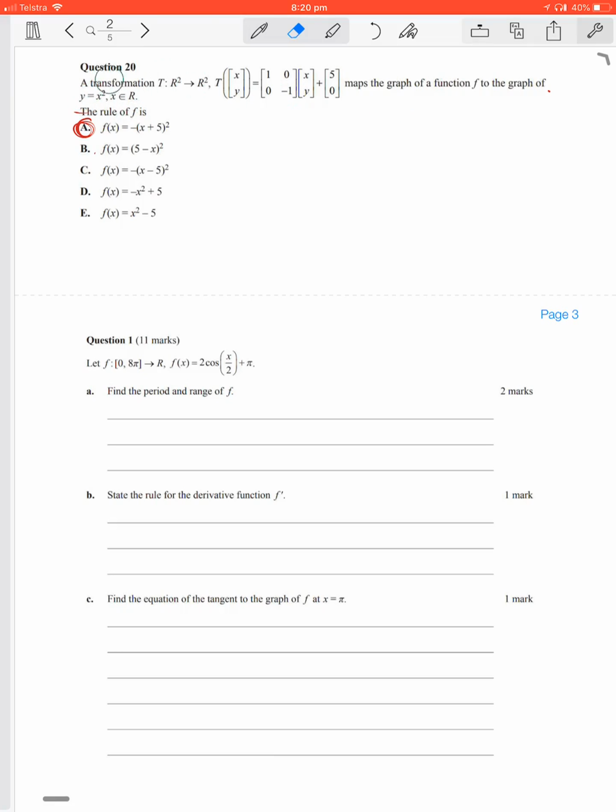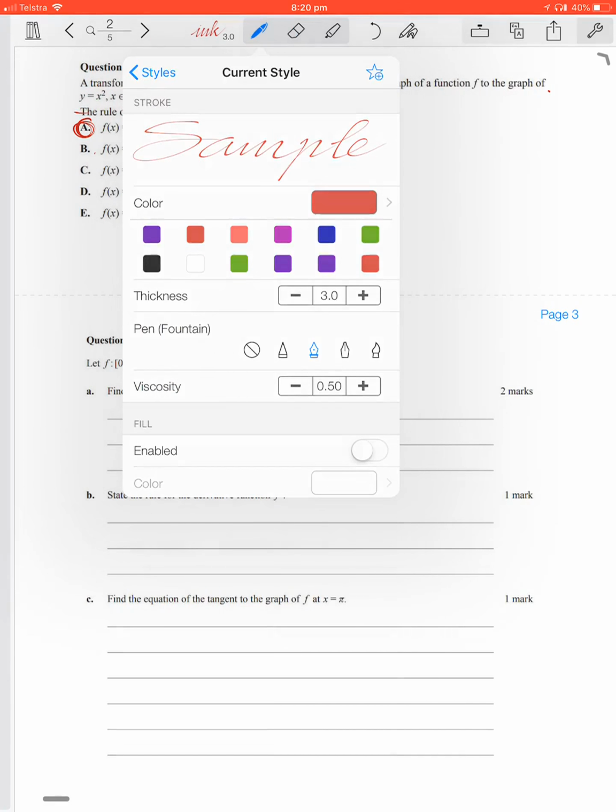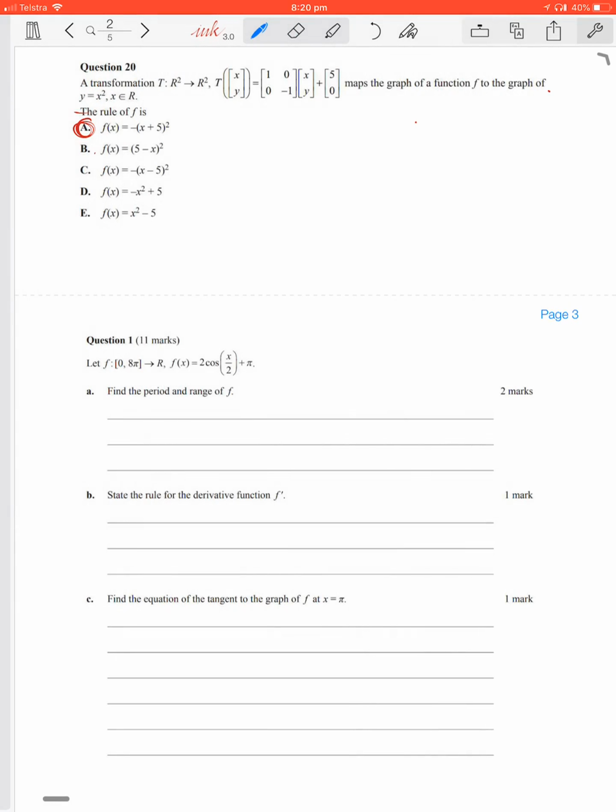Because we're working backwards, if we wanted to, we could say it's been reflected in the x-axis. So if we reflect y equals x squared in the x-axis, we get y equals negative x squared. And it's been translated 5 units to the right already.